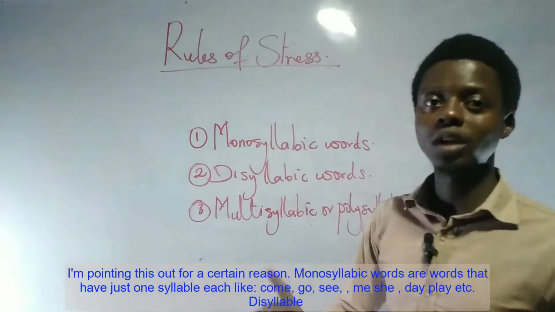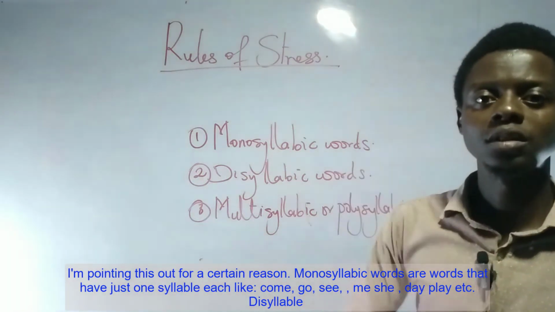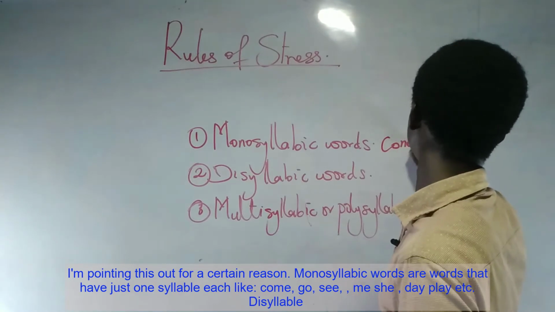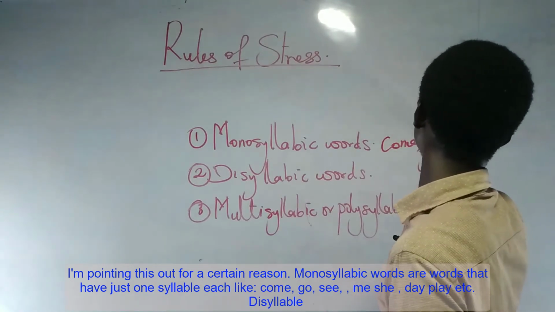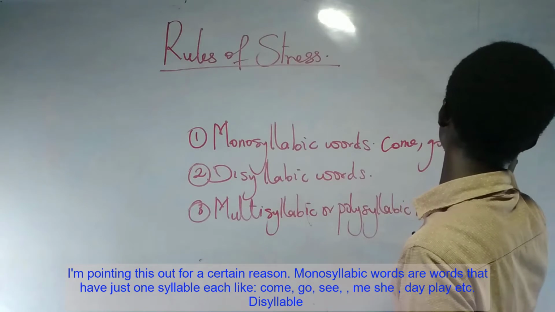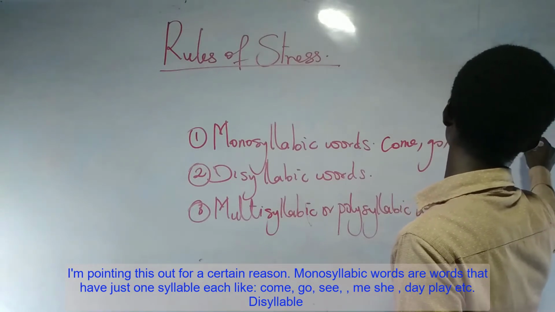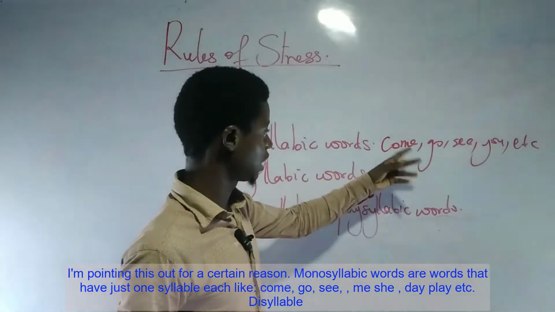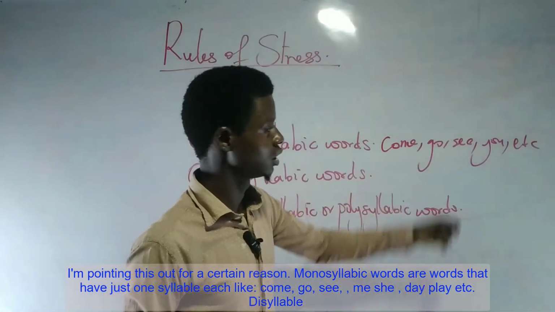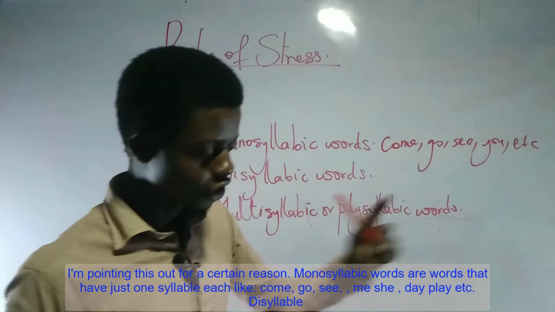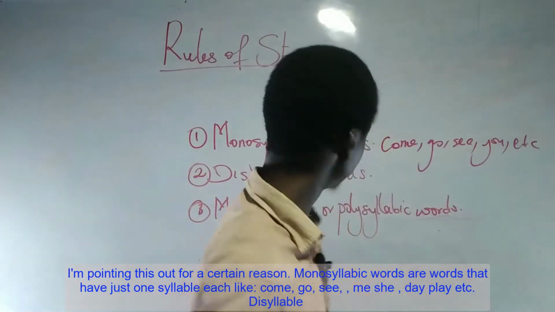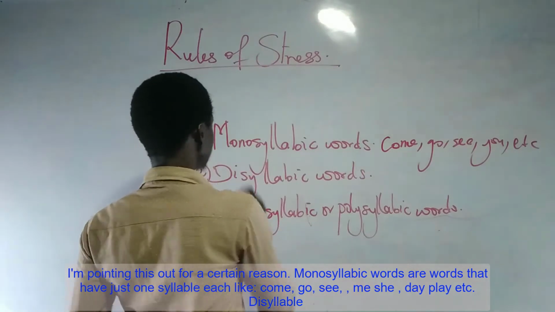Monosyllabic words are words that have just one syllable each, like come, go, see, you, me, he, she, him, game, play, and so on. They cannot be broken down.